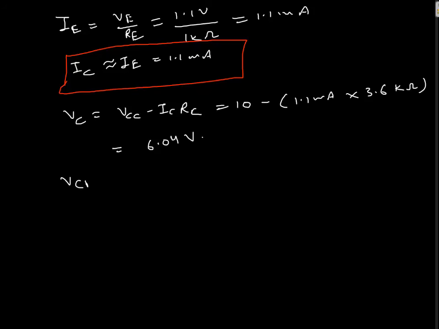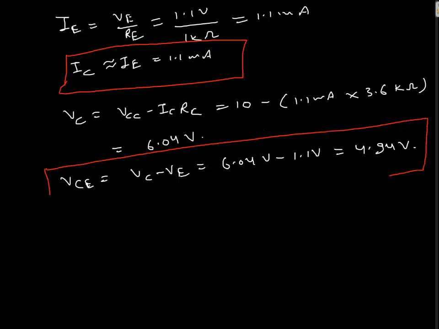Now, VCE equals VC minus VE, which is 6.04 minus VE, which we just solved as 1.1 volt. So this answer will be 4.94 volt. So this is the other value of the operating point we have calculated. So with this, the question is completed. Please verify the calculation by yourself one more time.